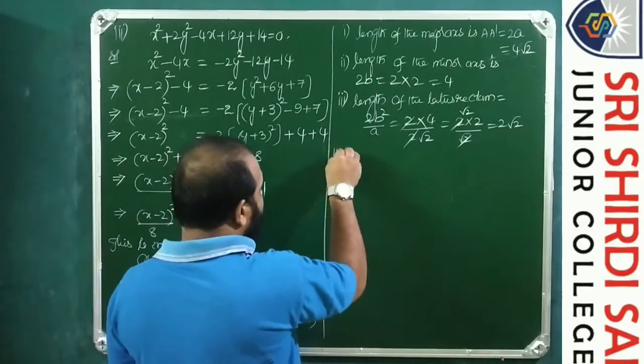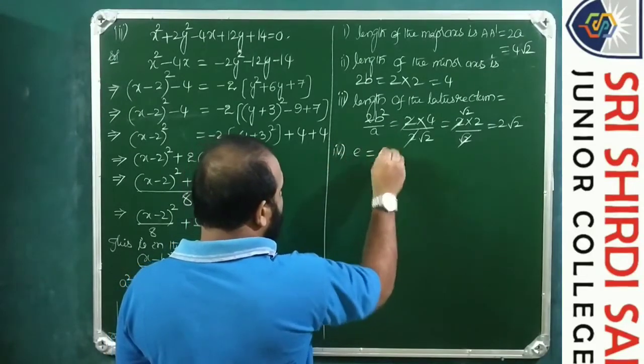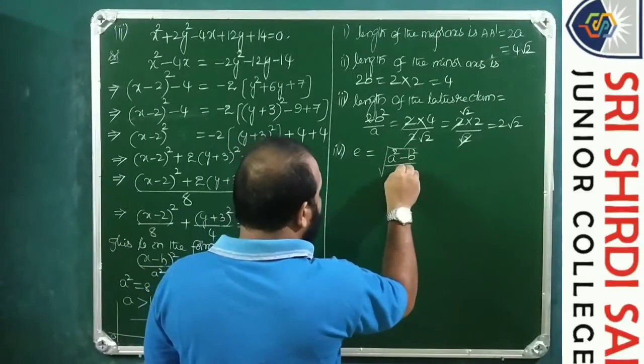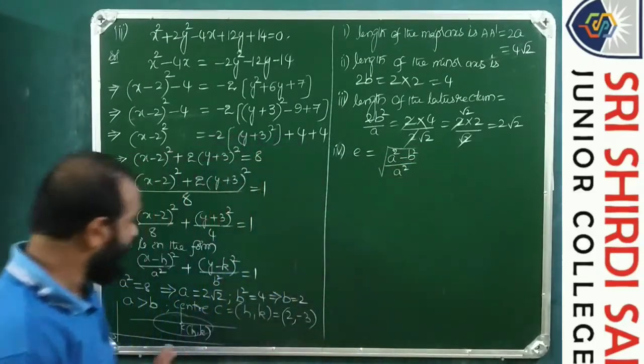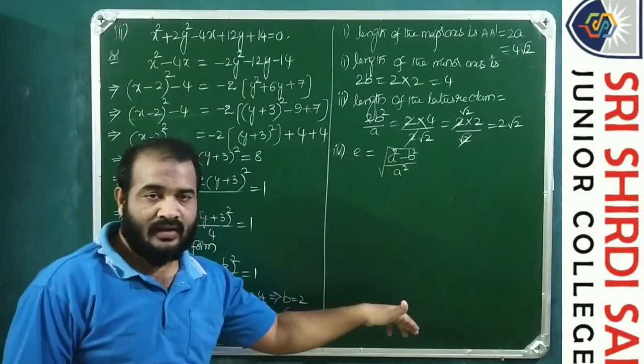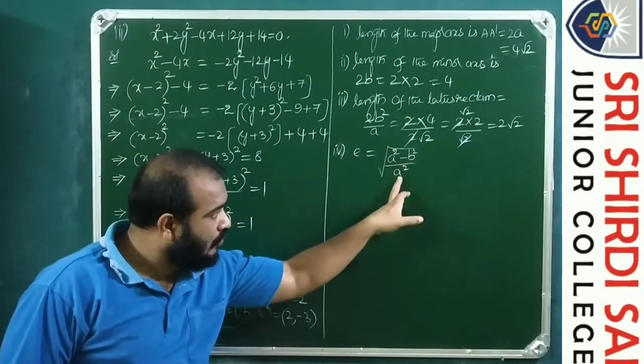And eccentricity e is equal to square root of a square minus b square by a square, since a is greater than b. Had b been greater than a, it would be b square minus a square by b square.